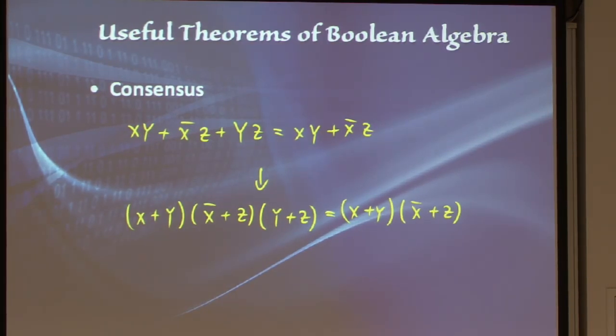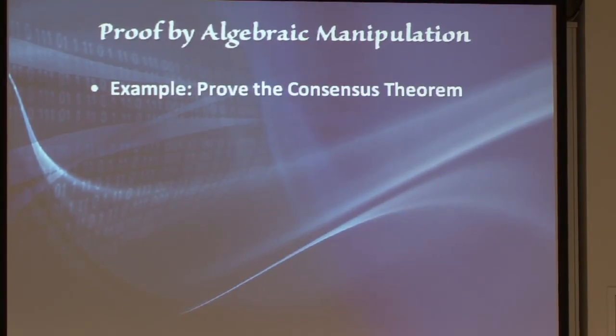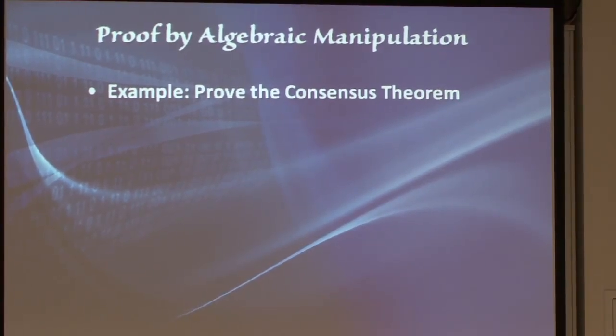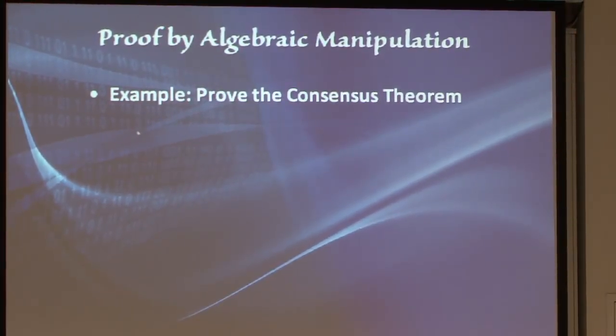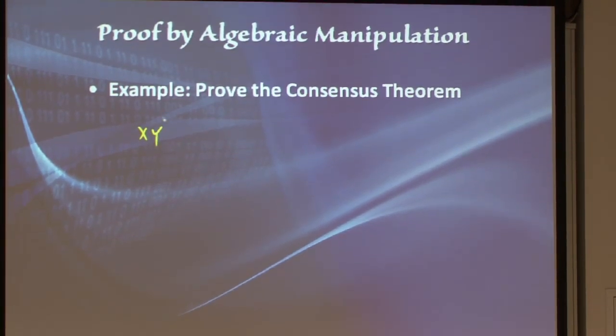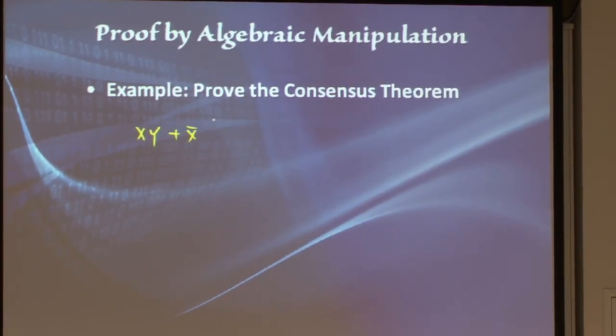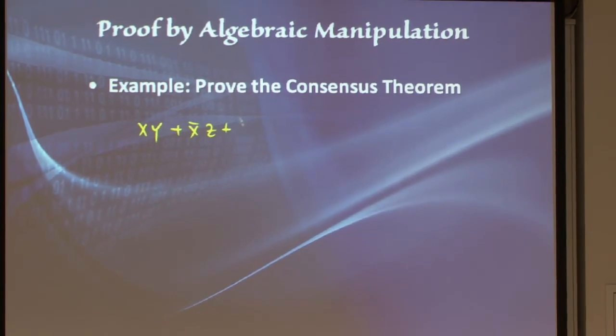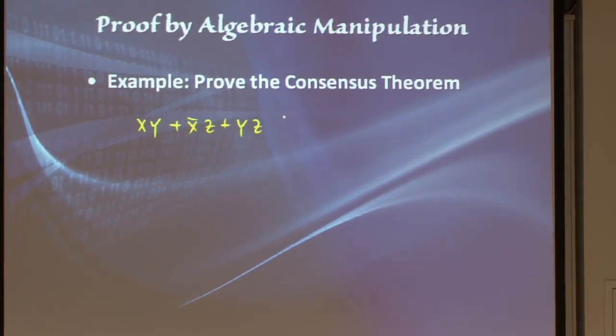Now let's prove the consensus theorem. The reason why it's got its own slide, because it's slightly longer. So we start with xy, not xz, yz.